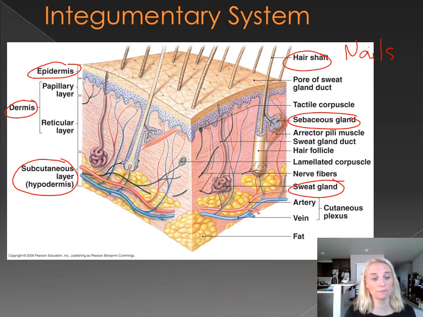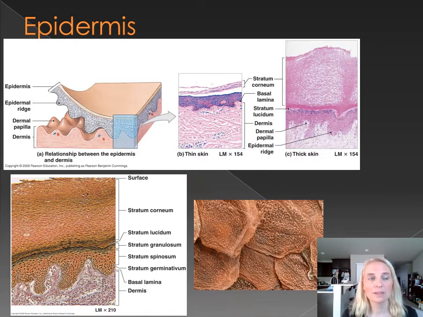So let's focus first for the rest of this lesson on the epidermis, the uppermost layer of the cutaneous membrane, however you want to call it, integumentary system, outermost layers. Your epidermis, the type of tissue that it is made of, falls under the epithelial tissue category.